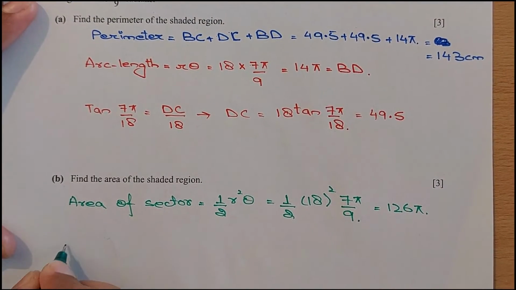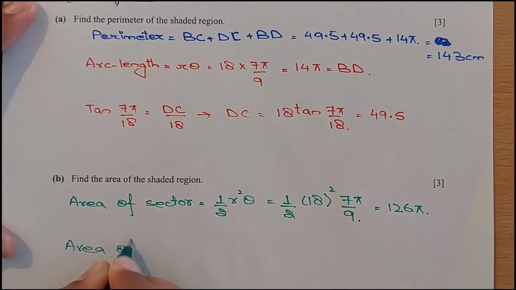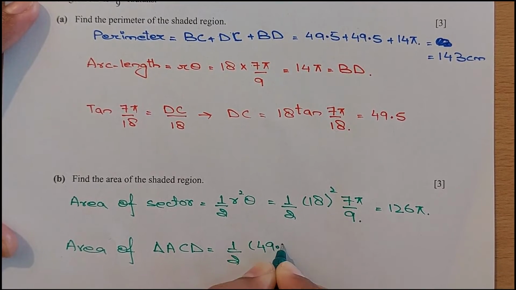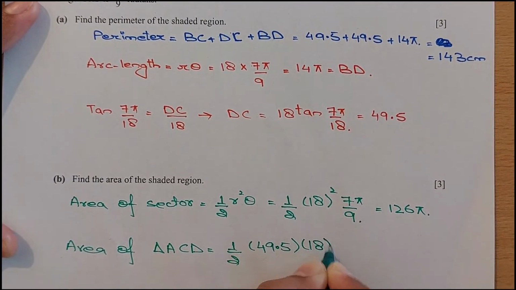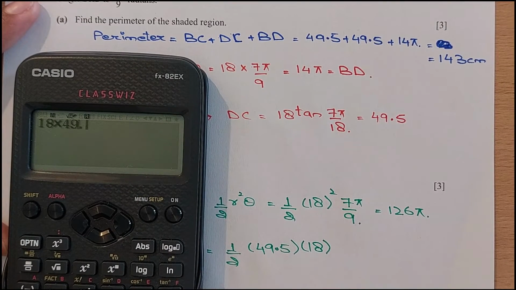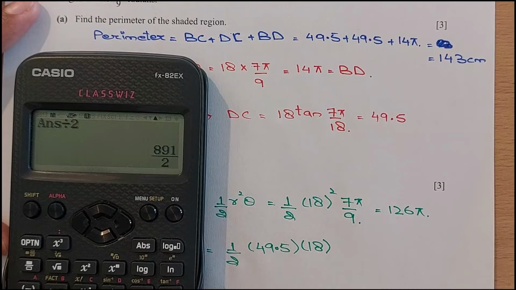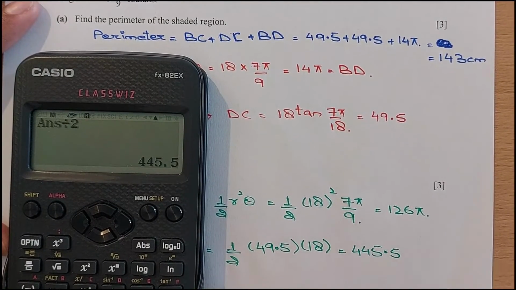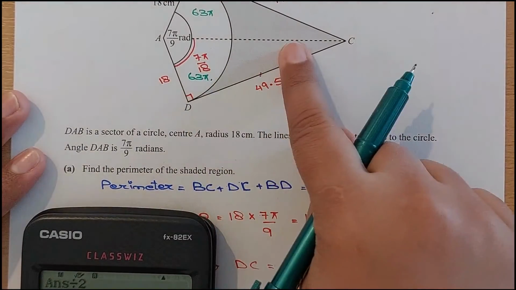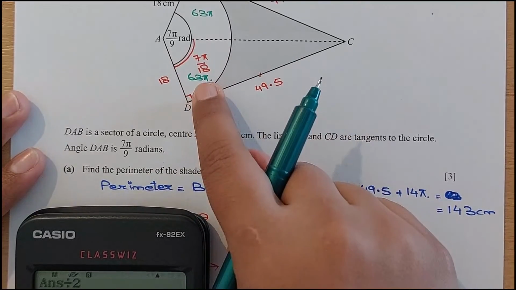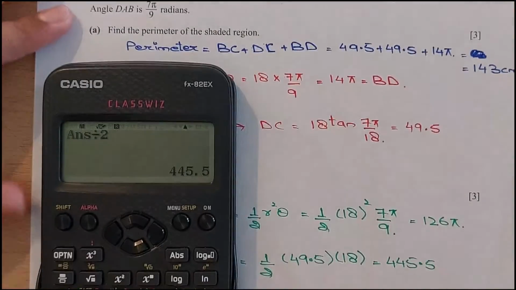So area of triangle ACD is half, base we got is 49.5 and the height is 18, right? So 18 times 49.5 divided by 2 is 445.5. So this is the area for this triangle, but in this portion of the triangle this sector is not shaded, so we need to subtract 63 pi, right?